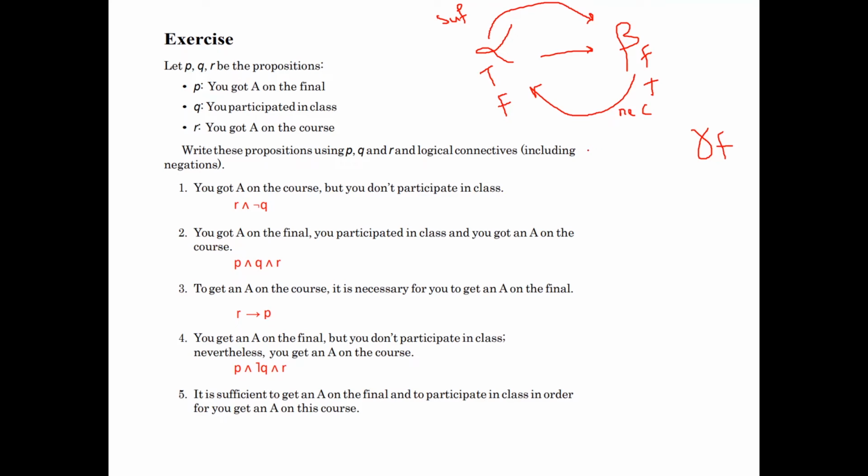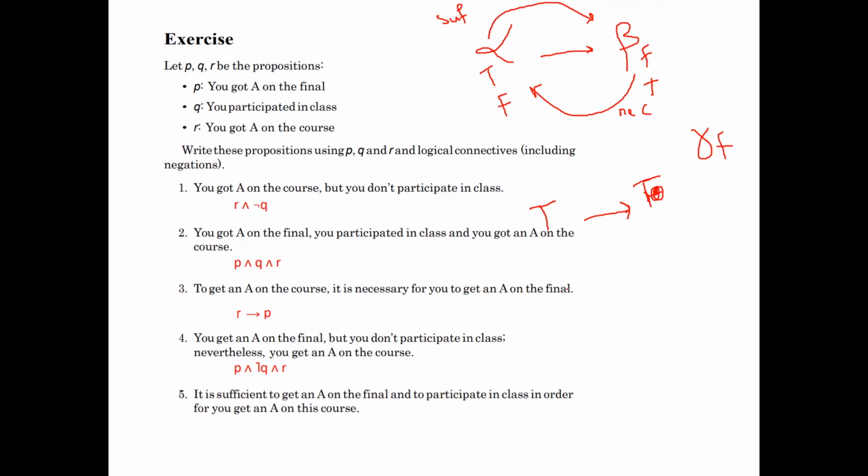As for the sufficient, well, if alpha is true, then beta has to be true as well for the whole formula to be true. Alpha is sufficient for beta. Alpha is true, then beta has to be true as well, because if beta is false, then the whole formula becomes false. So if alpha is true, that's sufficient for beta to be true as well.